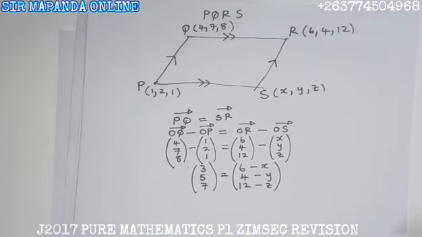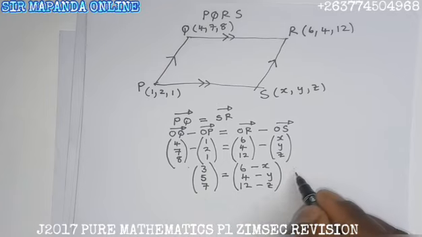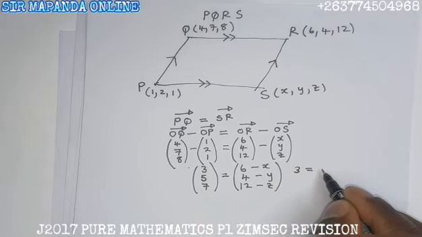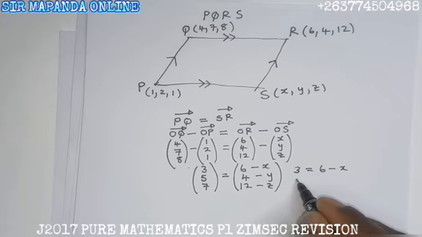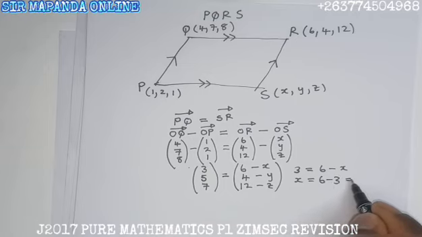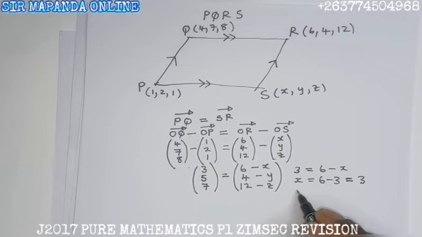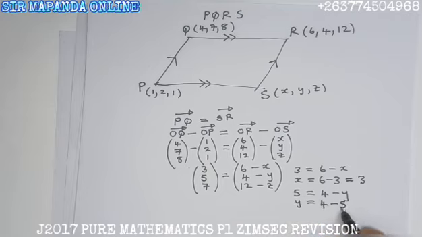So to find X, you are saying 3 is equal to 6 minus X. You get X is equal to 6 minus 3. Therefore, X is equal to 3. Then to find Y, you are saying 5 is equal to 4 minus Y. So it means Y is equal to 4 minus 5, which is minus 1.